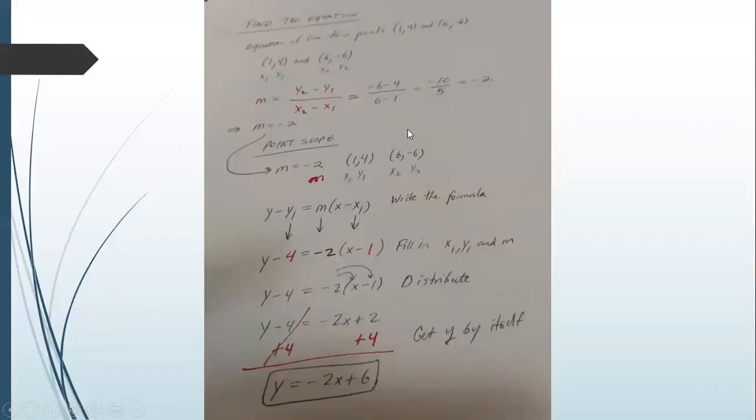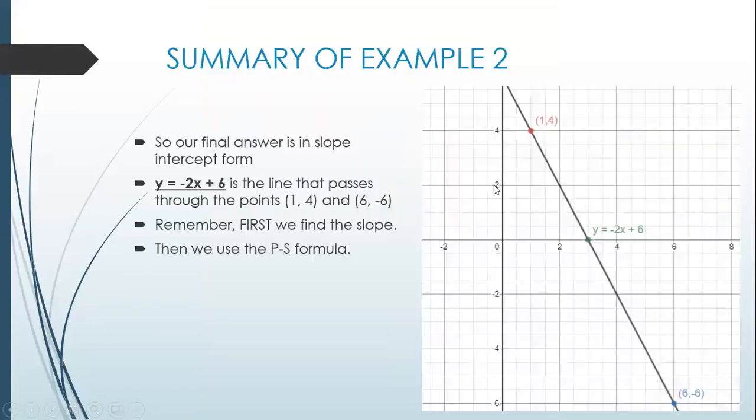And as you can see, it's the same basic process. We find a slope, which is m, then we use point slope. So in summary, our final answer is in slope-intercept form: y equals negative 2x plus 6, the line that passes through the points (1, 4) and (6, negative 6).